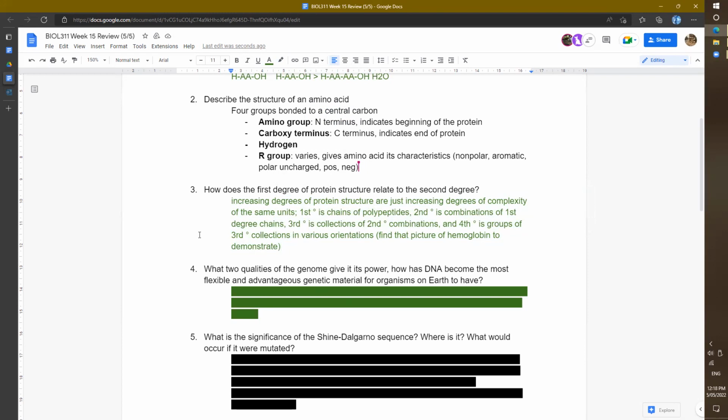For example, a polymer could be 1 strand of DNA. And when you put 2 strands of DNA together to form a double helix, that is a second degree of structure.